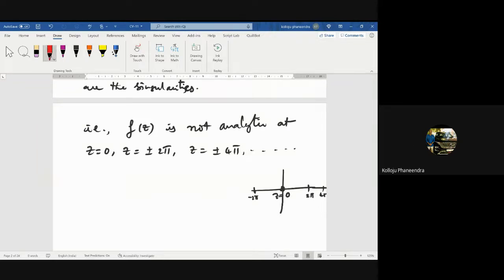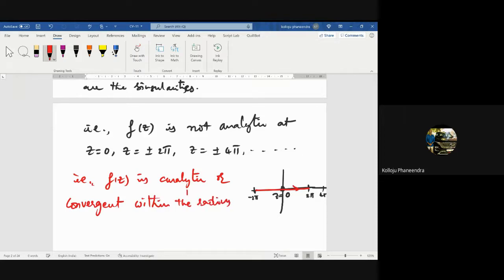So what is the radius? Within a radius less than 2 pi, f of z is analytic or convergent, within the least radius 2 pi. Is it correct?